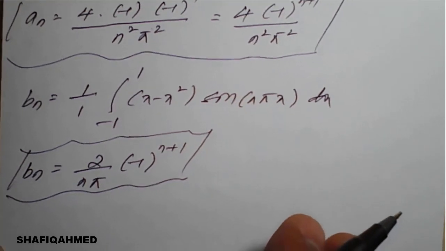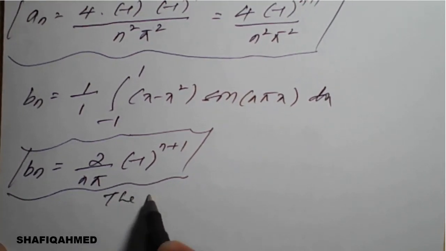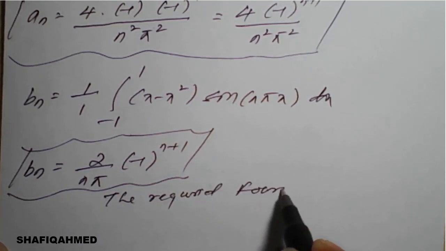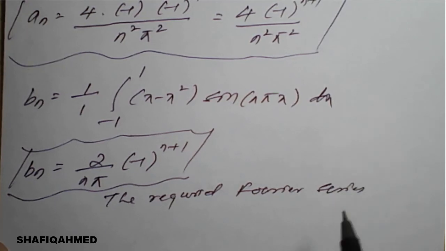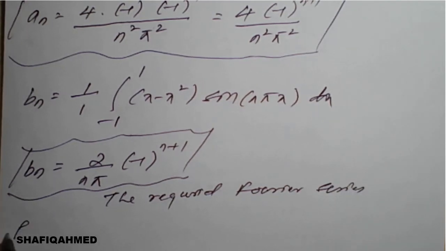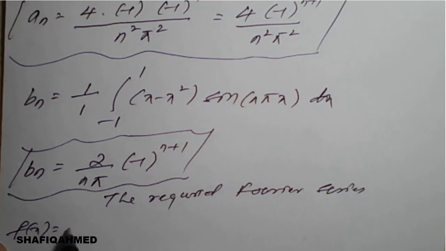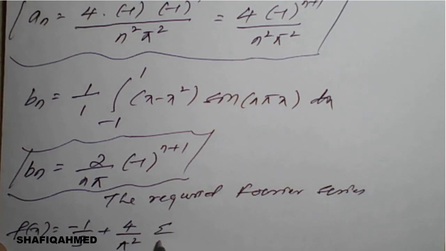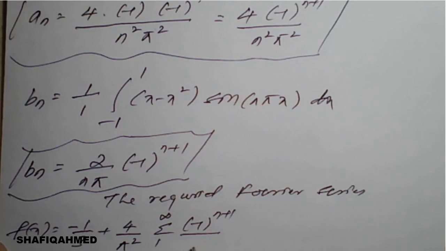So therefore, finally, the required Fourier series is, f of x is equal to, the value of a naught is actually nothing but minus 2 upon 3. So 2 cancels, we'll get minus 1 upon 3 here, plus on simplification 4 upon pi square summation 1 to infinity minus 1 raised to n plus 1 divided by n square.